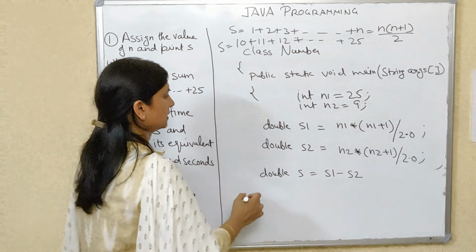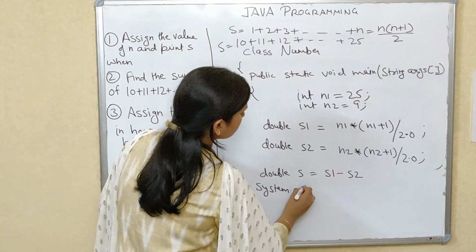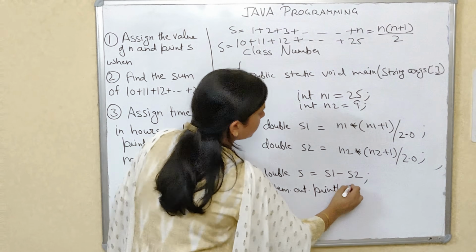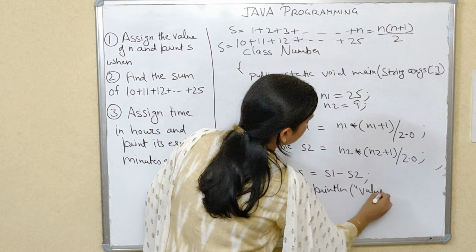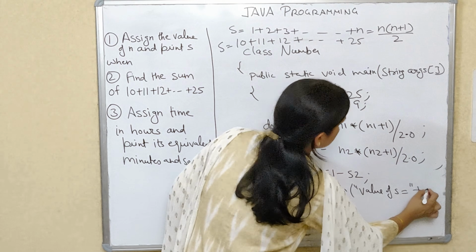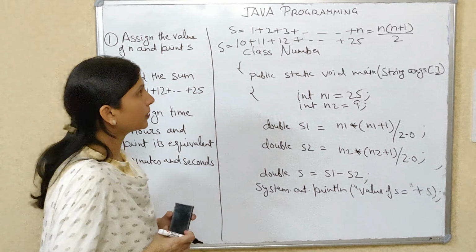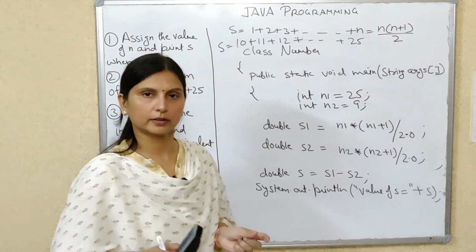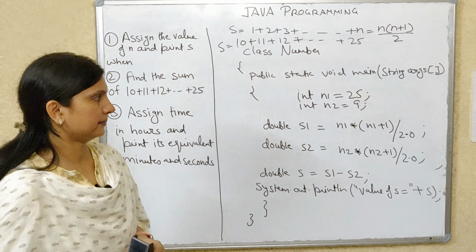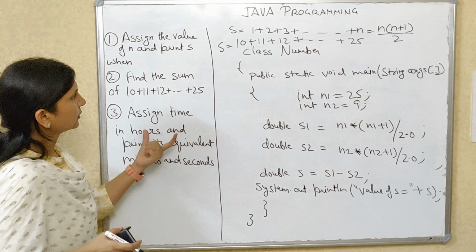Fine. So what shall I print? System.out.println, value of S equals to plus S, and S is the sum of the series from 10 to 25. I hope it is clear. So this is our second program. Very simple. Fine. Now we will see the third program.